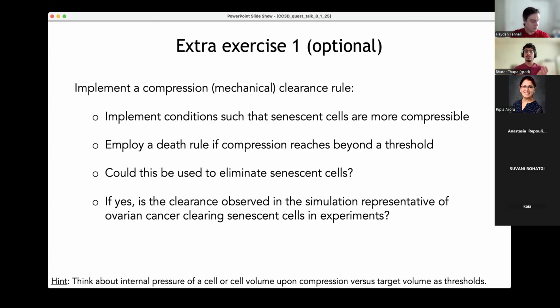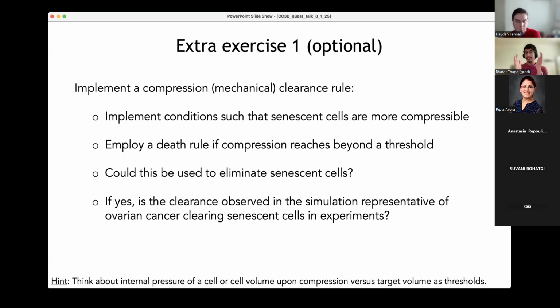The second thing I would do would be to remove the perimeter rule. You can either comment it out or delete it. Then I would go to a for loop across all the senescent cells. I would check the exact volume of a senescent cell at that MCS, at that Monte Carlo step, and take a ratio of that with the total volume the cell is supposed to be, the target volume.